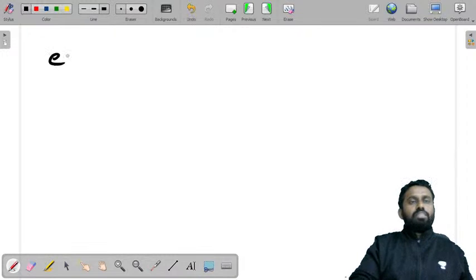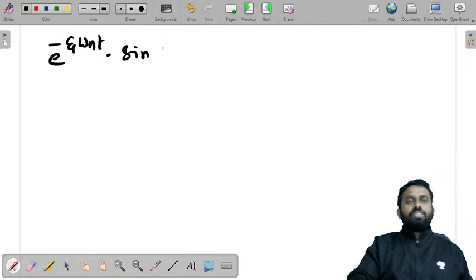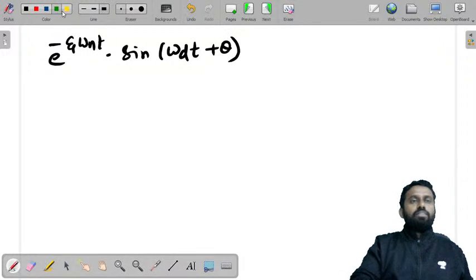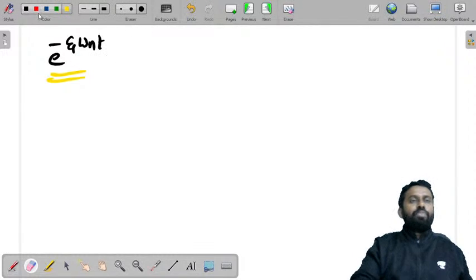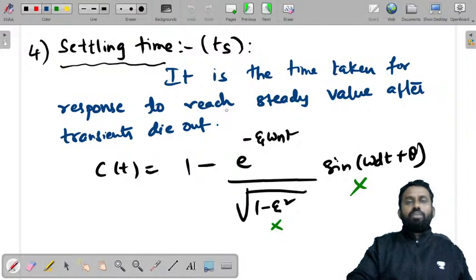So this is e power minus zeta omega n t and the sine, which is the other one, is a constant, omega d t plus theta. This sinusoidal is suppressed by this exponential. So for settling time, you do not have any sinusoidal term, so you can neglect this. So I'm just neglecting this. And you have 2 to 5% tolerance, in between 2 to 5% tolerance.